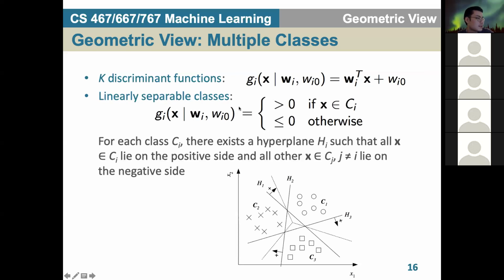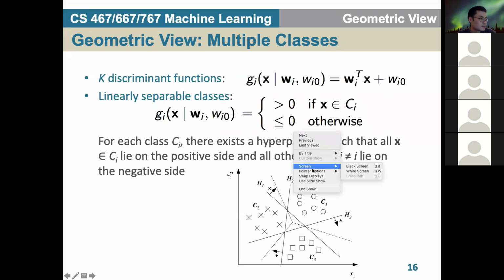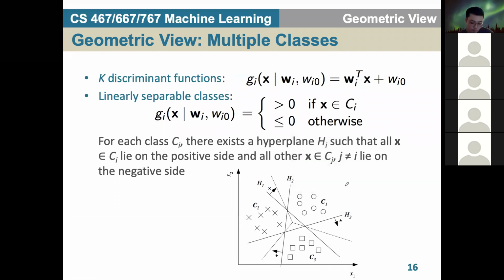So this is saying that for each class Ci, let's say this C1, these circles, there exists a hyperplane H1 so that along the positive side, you only have C1. Along the negative side, you don't have C1; you have all the others.